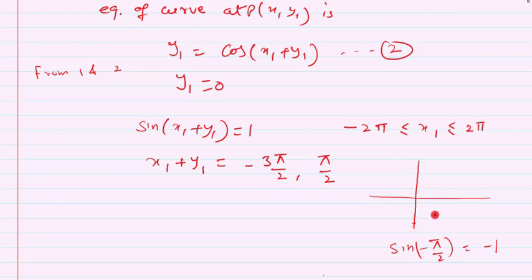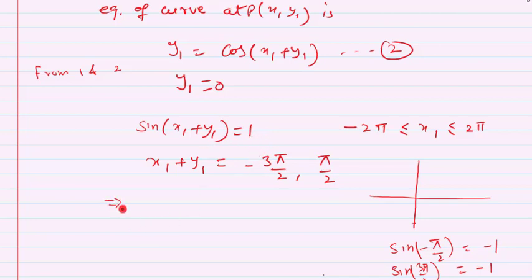Next, let us take 3 pi by 2. For sin(3 pi by 2), you know very well the value will again be minus 1, so it will not justify. The next value in the range is pi by 2. So within the given range, only two values satisfy the given relation.